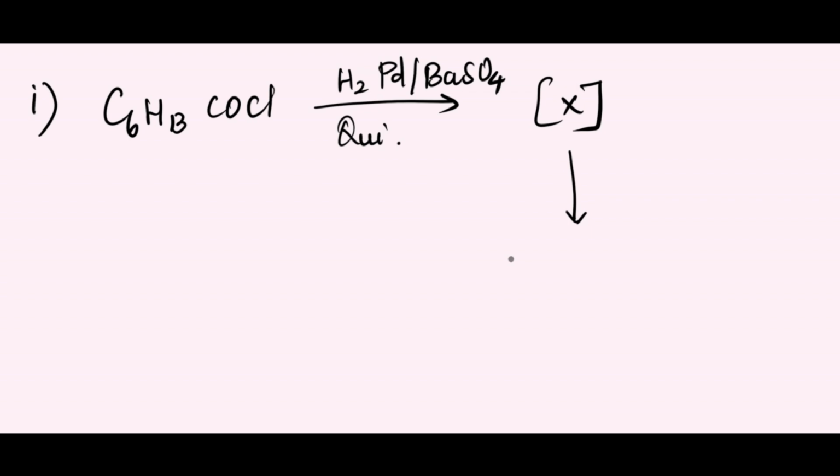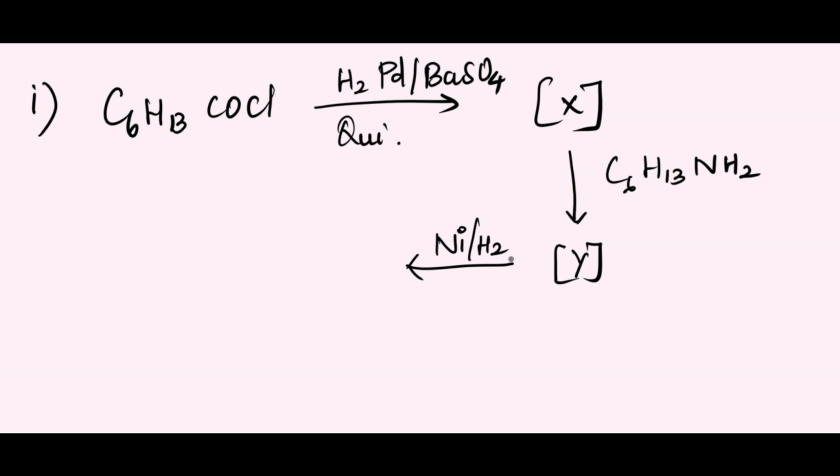X is treated with C6H13NH2, that is producing Y. Y once again treated with nickel with hydrogen. It is producing Z. So these are some previous year questions. So can you tell me what is the answer? What is Z?